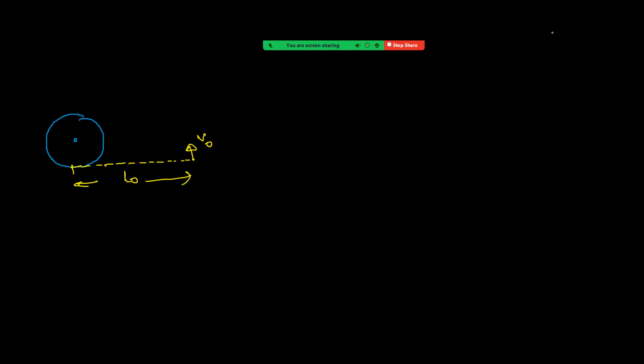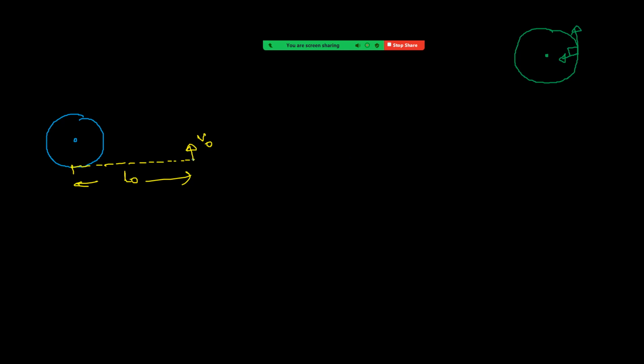This is what we have learned while learning uniform circular motion. Because in uniform circular motion the speed is a constant, centripetal force is the net force towards the center, and velocity is along a tangent. The angle is always 90 degrees. Only direction changes, but not magnitude.